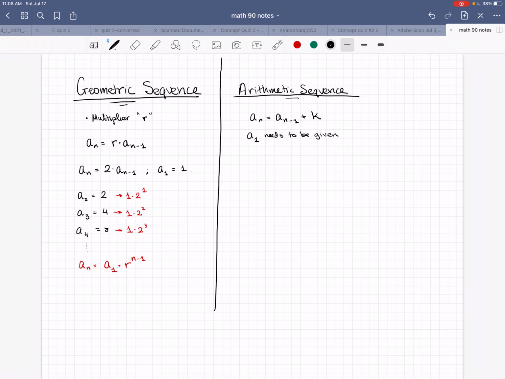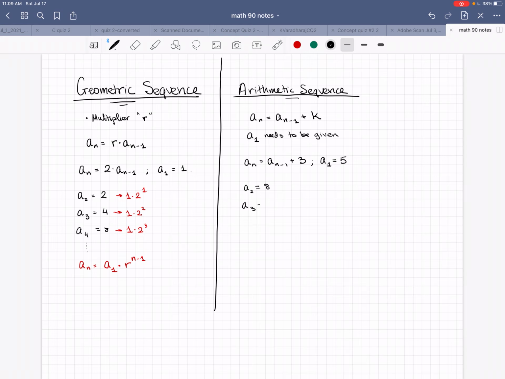So let's look at an example. So let's say that a sub n is a sub n minus 1 plus 3, and then a sub 1 is 5. Okay, so then a sub 2 would be 3 plus a sub 1, which is 8.